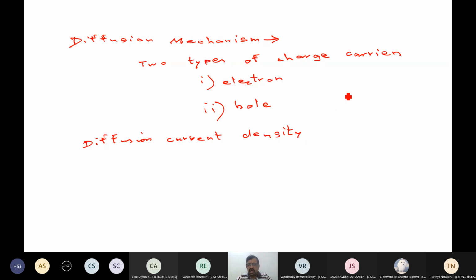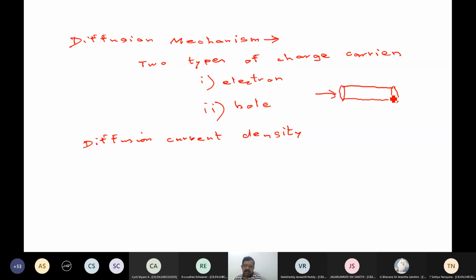This is the current that flows per unit area of cross section. Let us say, for example, this is my wire, a cylindrical wire. Let us assume that I am pumping a lot of electrons or holes from the left side, and so the concentration gradient is established.